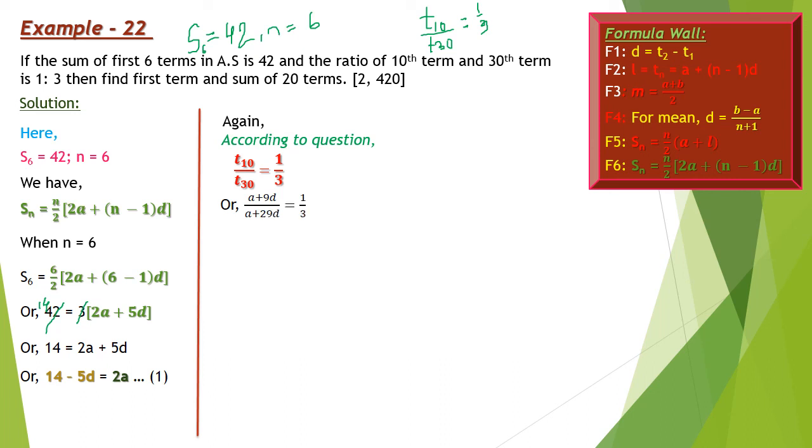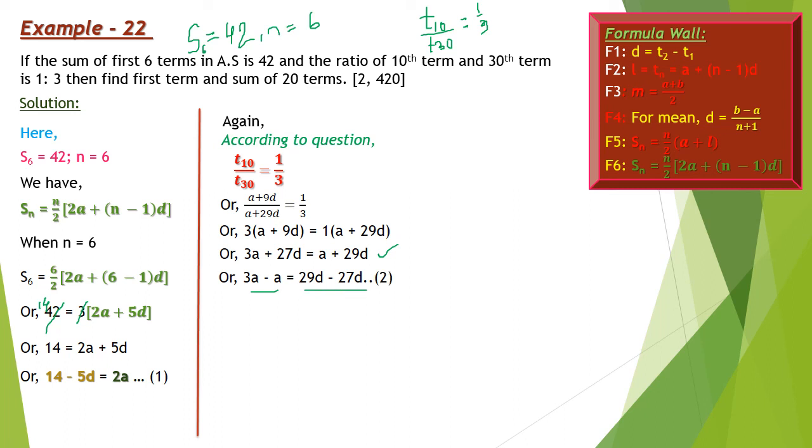Now let's do cross multiplication. 3 bracket a plus 9d is equal to a plus 29d. 3a plus 27d equal to a plus 29d, or 3a minus a. I think up to here it is clear. 3a minus a equal to 29d minus 27d.